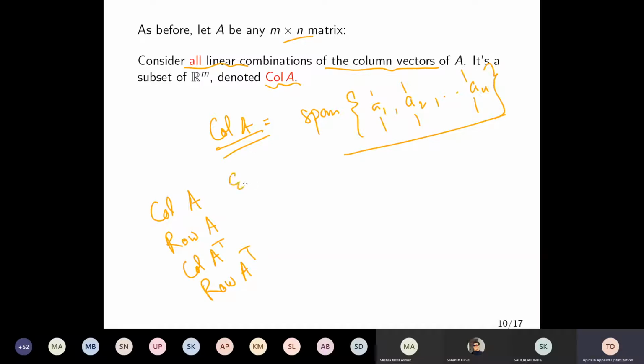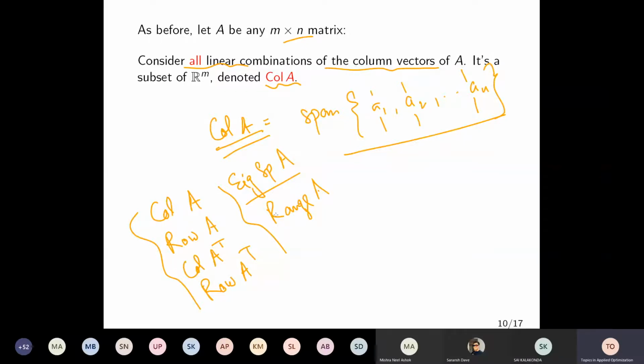There is something called the eigenspace of A, which is the span of the eigenvectors of A. There is also something called the range of A. These are the fundamental spaces, and some of them may be related.